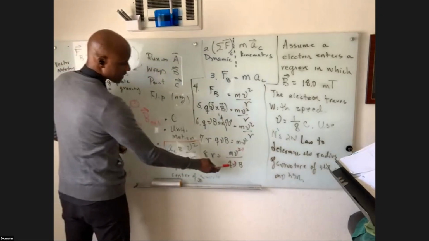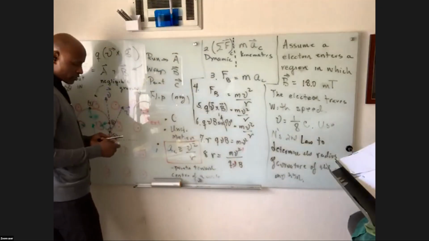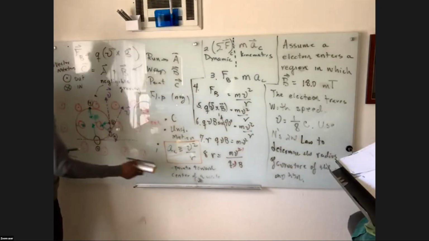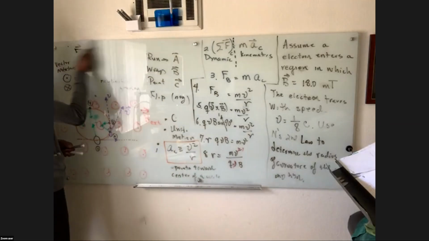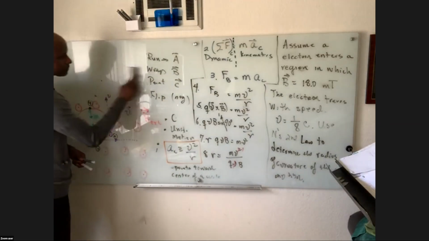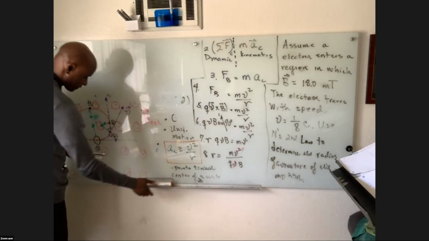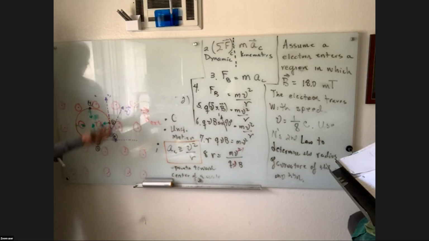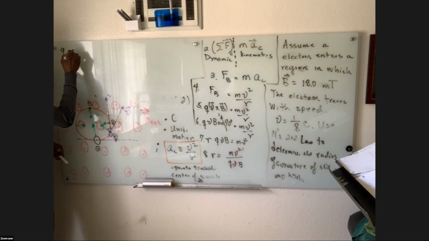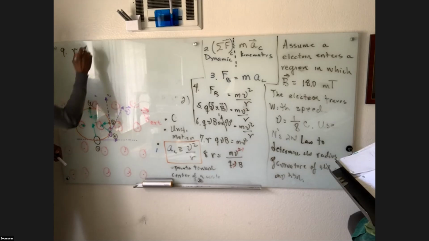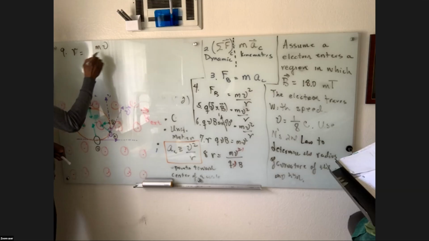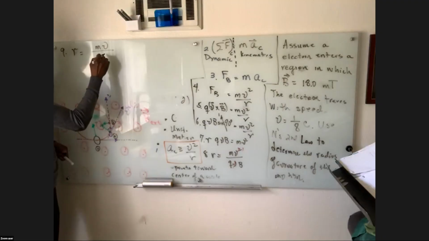Now Q is actually the charge of a proton, which is the elemental unit of charge, so I'm going to put that in. And so I have that R, the radius, equals M times V divided by E, the elemental unit, times B.